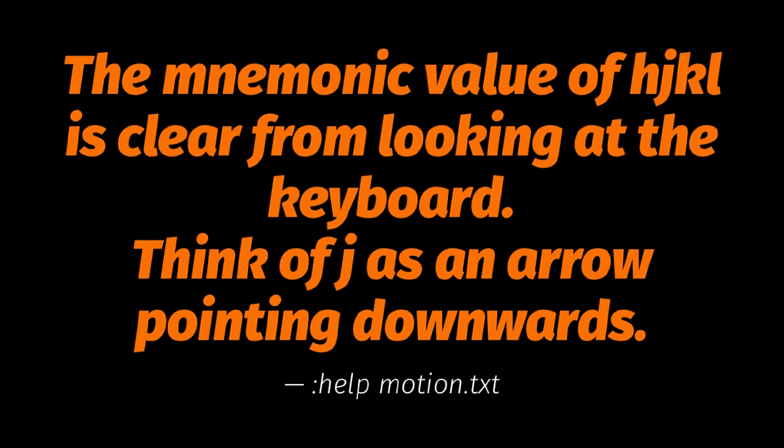I think what they're saying is, if you know that J is down, that does obviously make K up. And then H and L are on either side, so they make sense. So if you really think it through, the mnemonic is great. But when I first read this, I was like, how does that help me at all? That's so dumb.